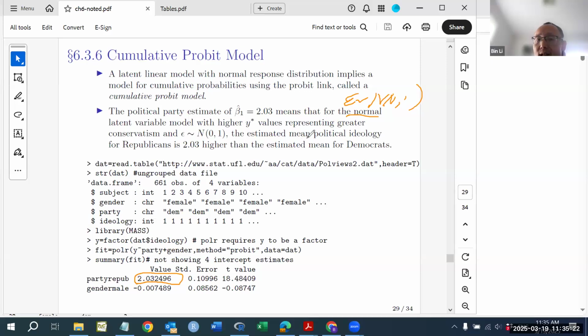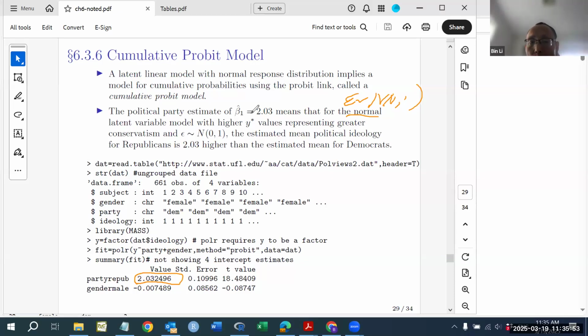The estimated mean political ideology for the Republicans is 2.03 higher than the estimated mean for the Democrats.